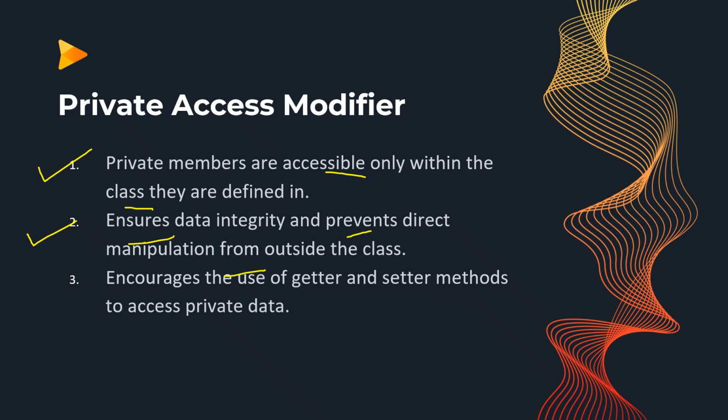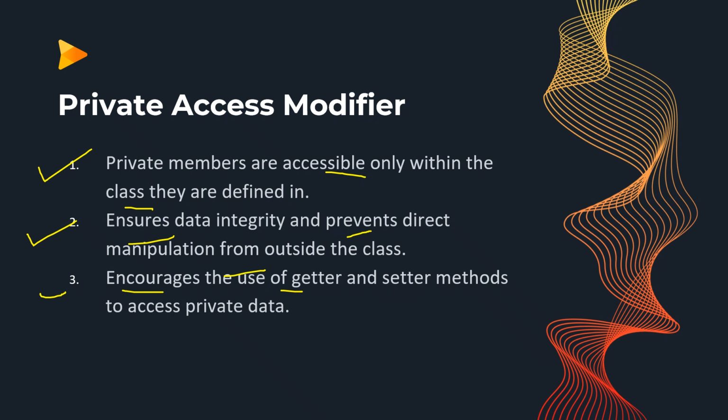If you are making any app or website and you want to keep your data very private, like your account details or bank account details, then use the private access modifier on your attributes or variables. It encourages the use of getter and setter methods to access private data.